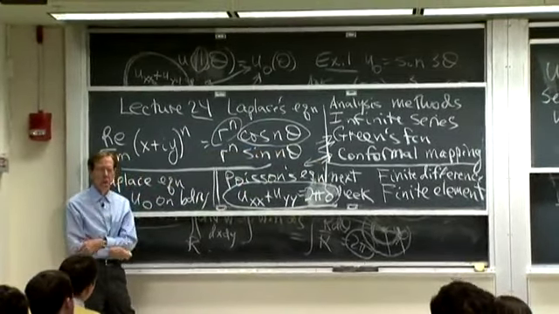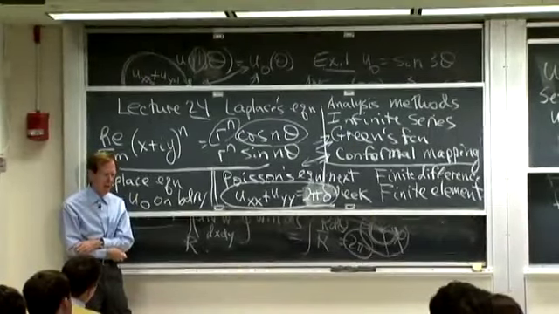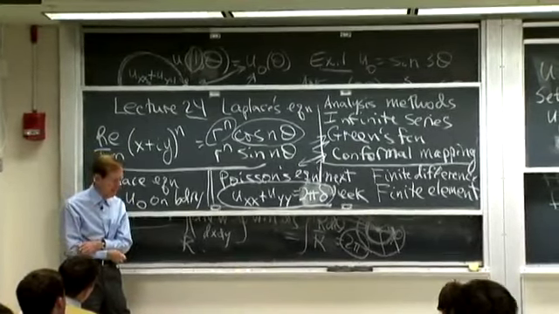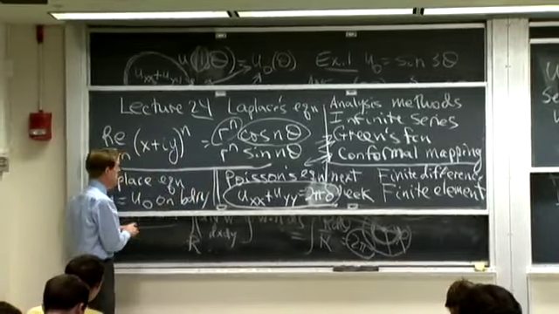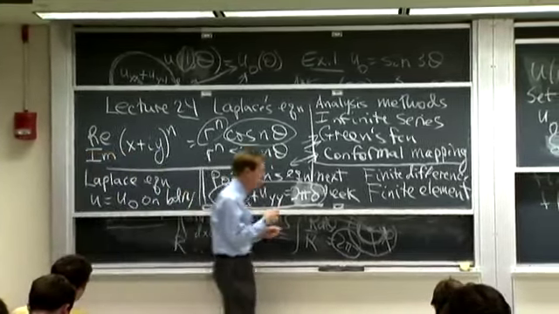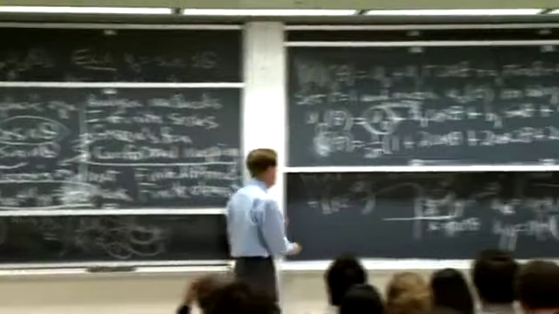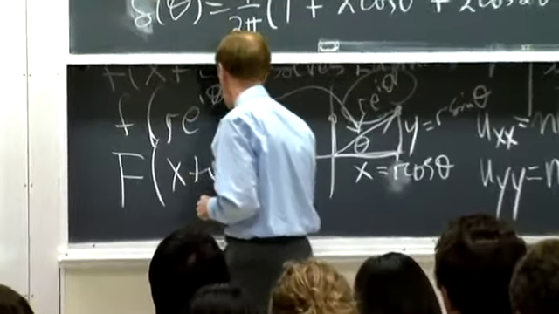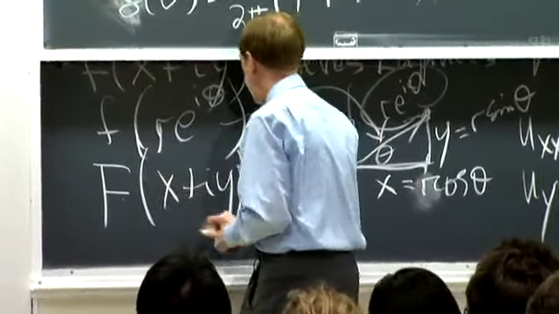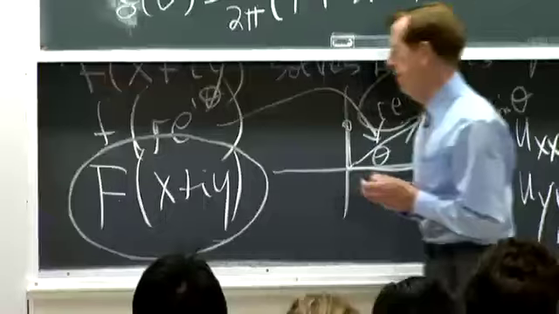Well, I can say it in one word: make it a circle. I mean, that's what Riemann said you could do. So Riemann said that there's always some function of x plus i y. Let me call this Riemann's function, capital F of x, y. So this is now the idea of conformal mapping.